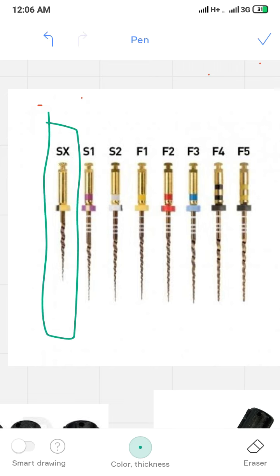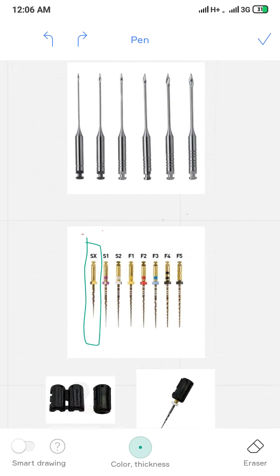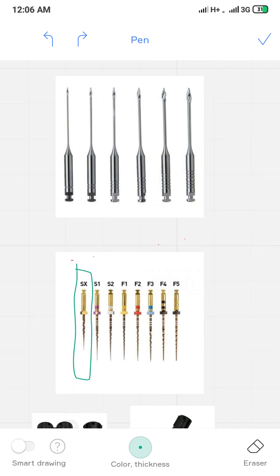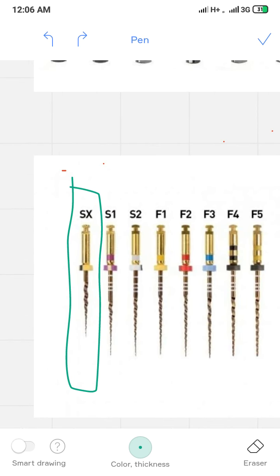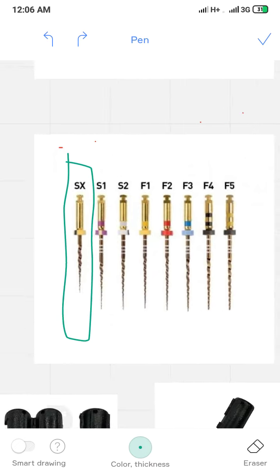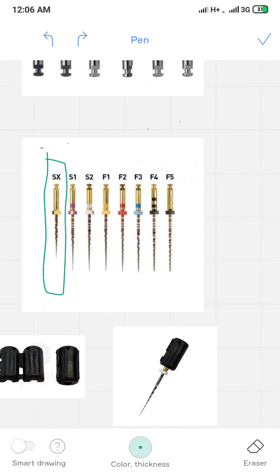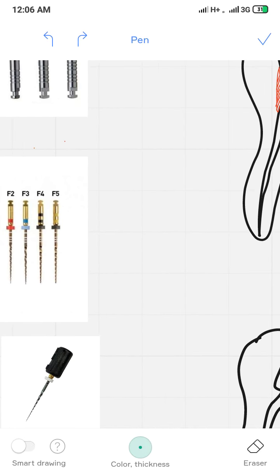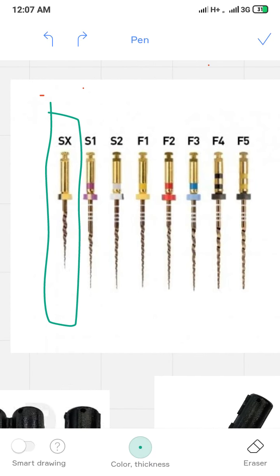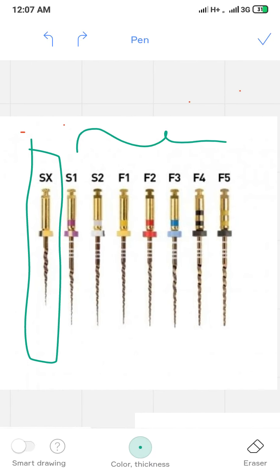Every major file system will have an orifice opener, and the heads of Gates Glidden burs are actually incorporated into the curvature of this file. So if you use this file, it has a wider diameter. All the ProTapers have 6% taper.